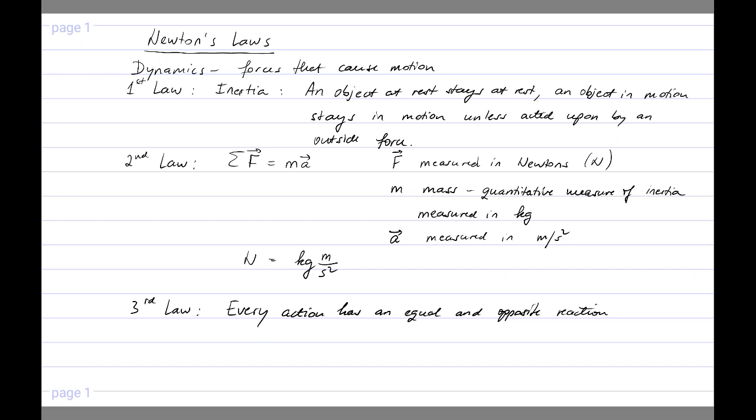The way I know that is because I don't go through the wall as I push on the wall. So this equal means equal in magnitude, and opposite reaction means it's going to be in opposite direction.